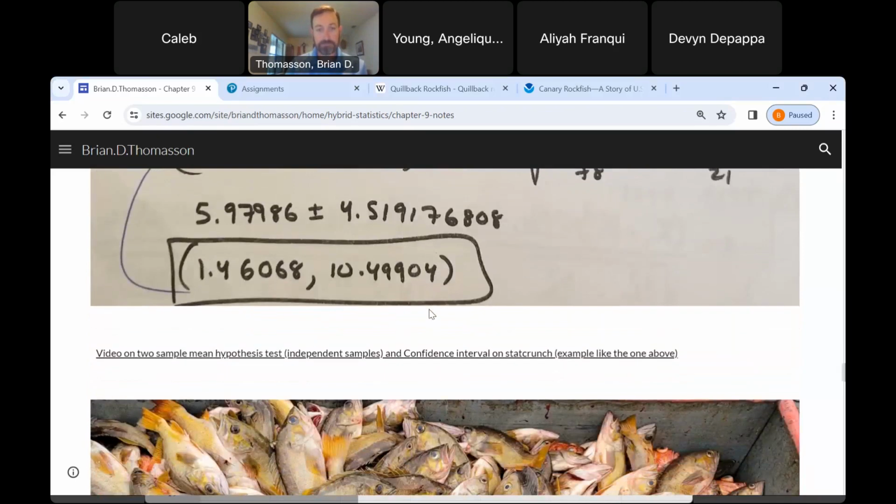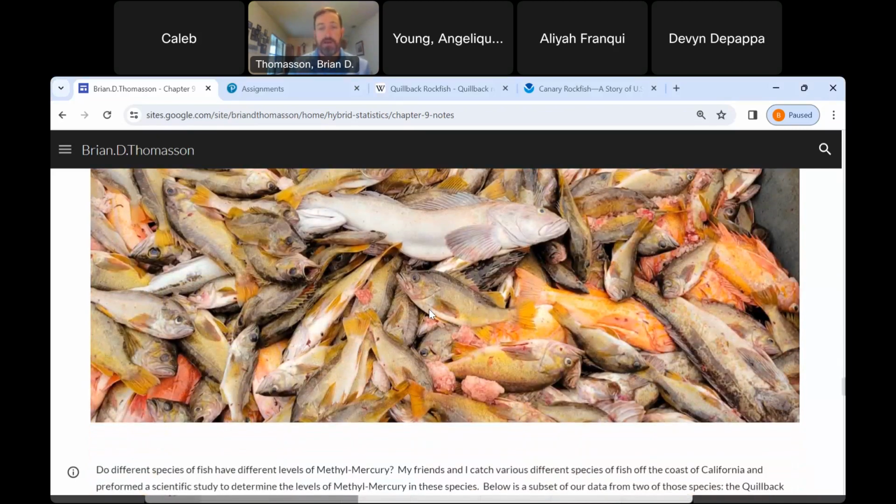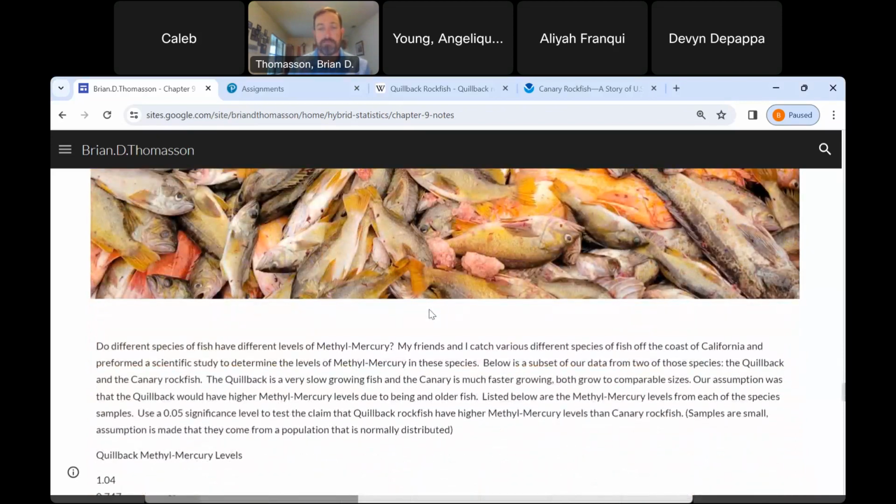All right, I've thrown in a problem from my personal study, I guess you'd call it. This is where my buddies and I got a grant to test a whole bunch of different fish off the coast of Northern California, and there were many different species we looked at.